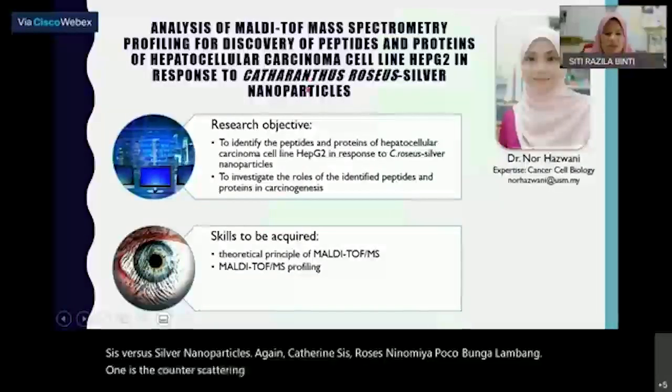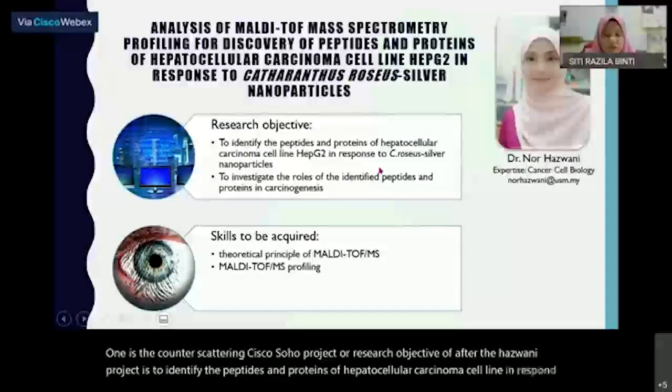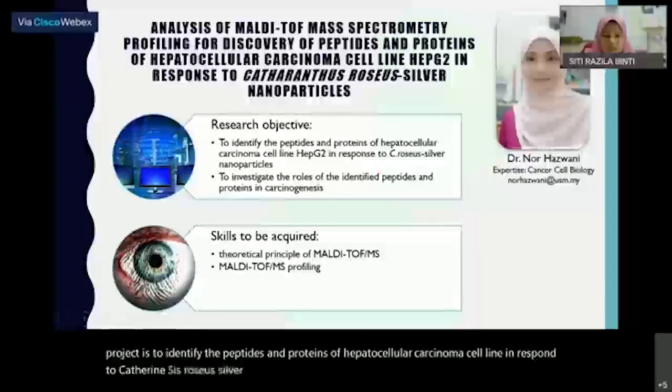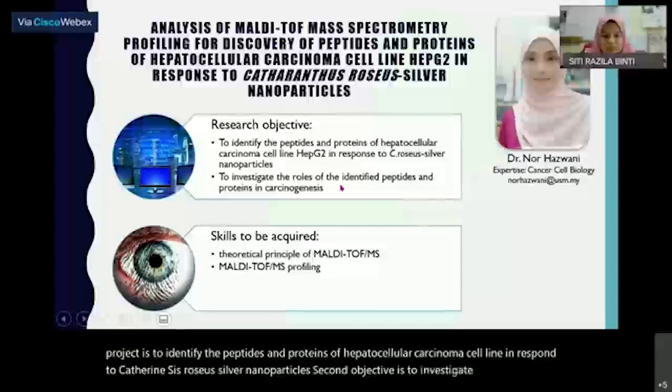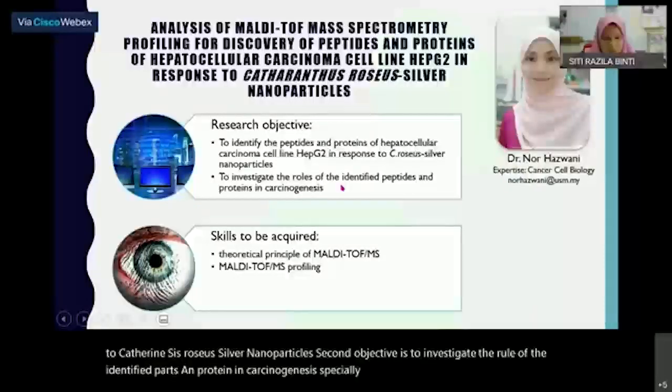So the research objective of Dr. Hazwani's project is to identify the peptides and proteins of hepatocellular carcinoma cell line in response to Catharanthus roseus silver nanoparticles. The second objective is to investigate the role of the identified peptides and proteins in carcinogenesis, especially in hepatocellular carcinoma.